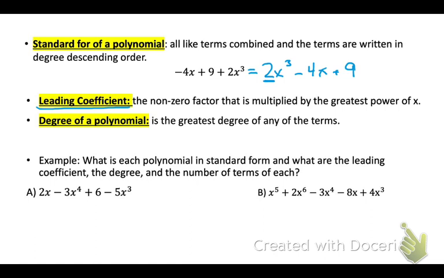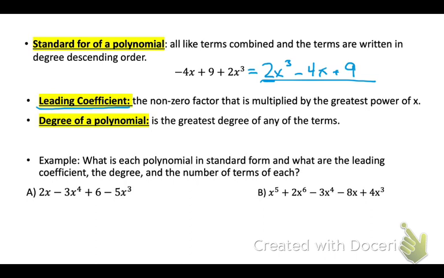The degree of the polynomial is the highest degree of any of the terms. Well, you need to know what is the degree of this polynomial? Is it the third?